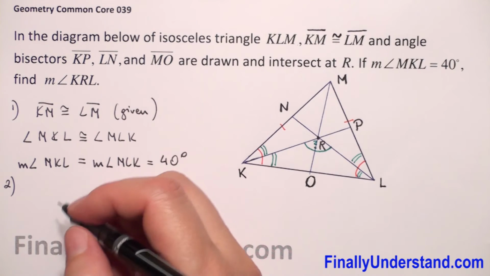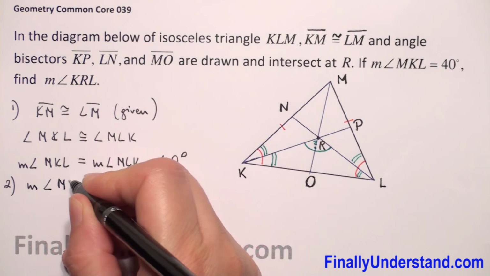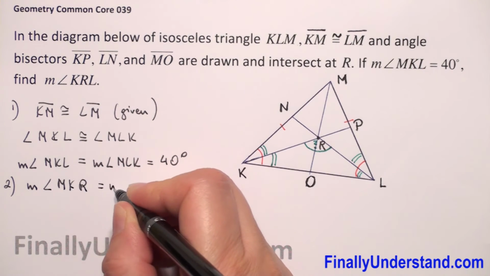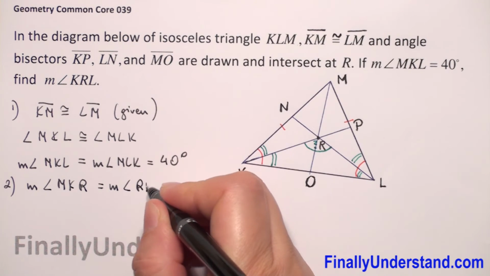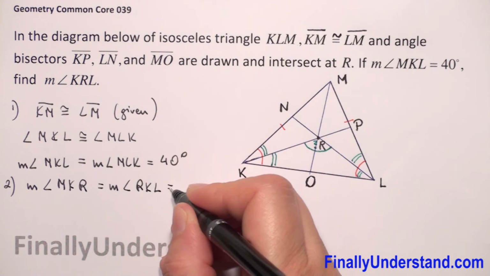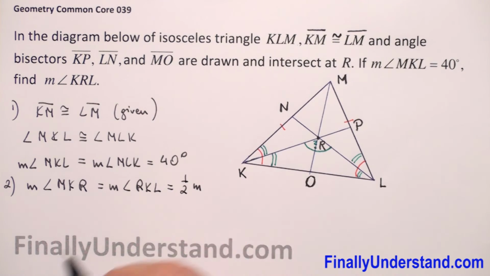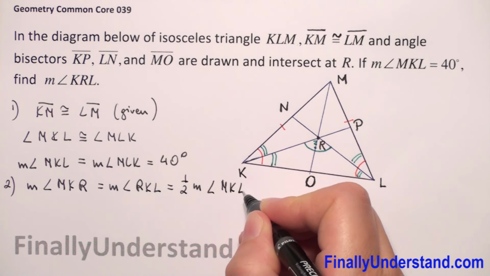So we can write that the measure of angle MKR is equal to the measure of angle RKL, and this is 1/2 of the measure of angle MKL.